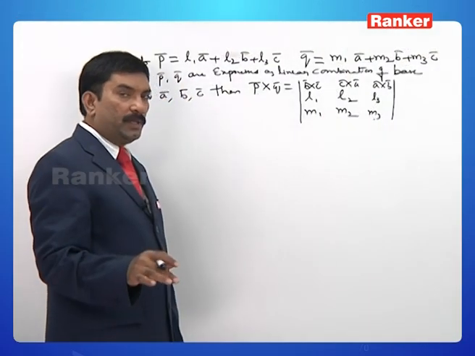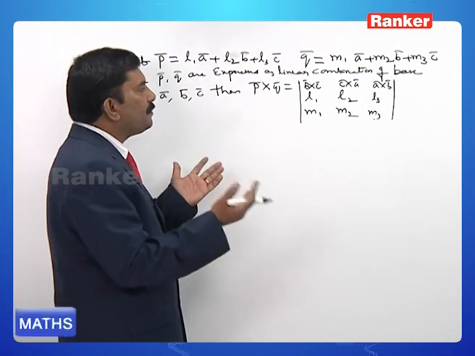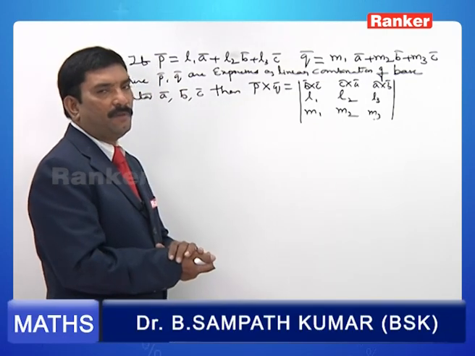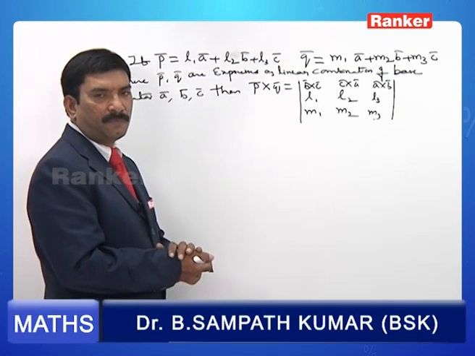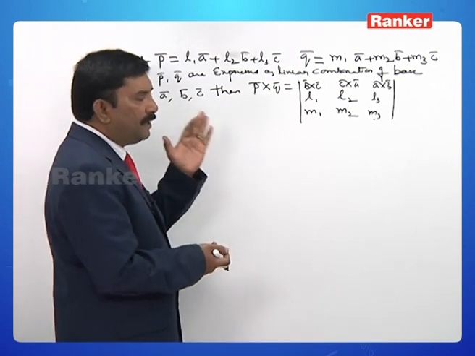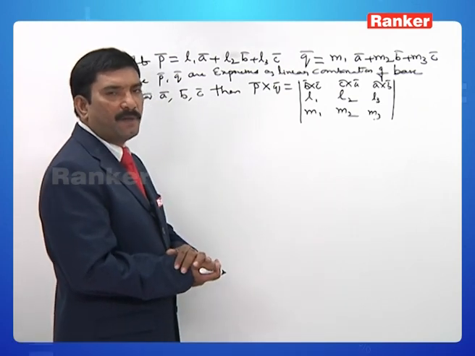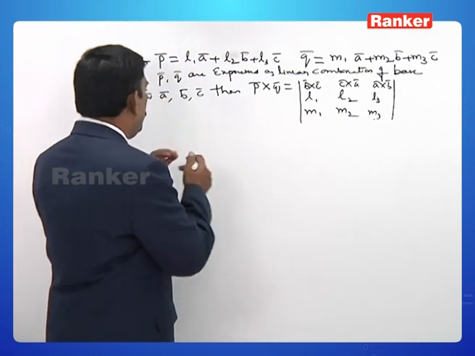Earlier what I told is in terms of i j k. Now it is in terms of A bar, B bar, C bar. They are not unit vectors. It is expressed as a linear combination of base vectors A bar, B bar, C bar. Then what to do?